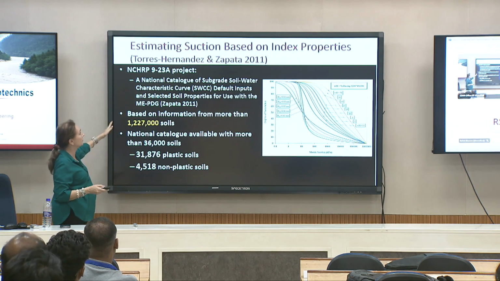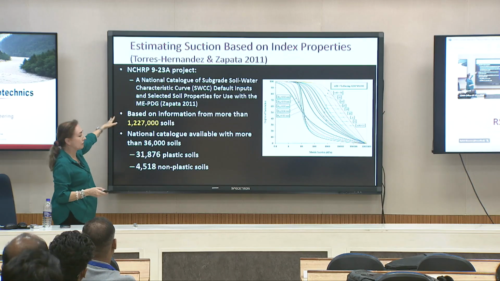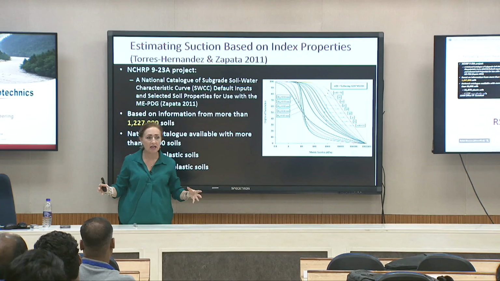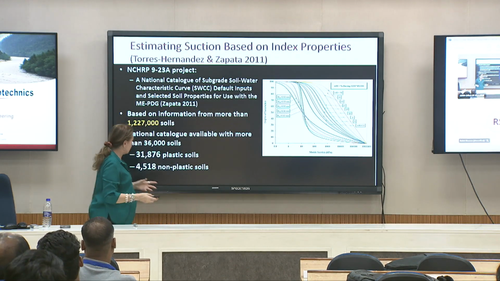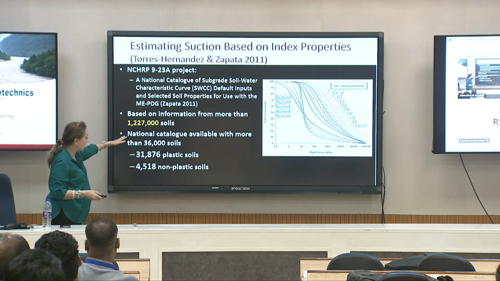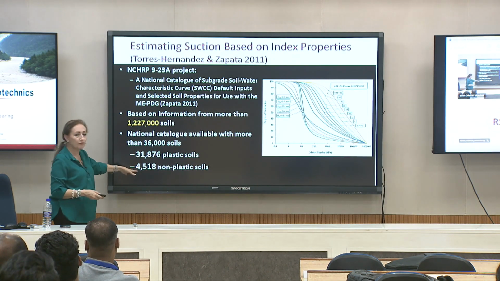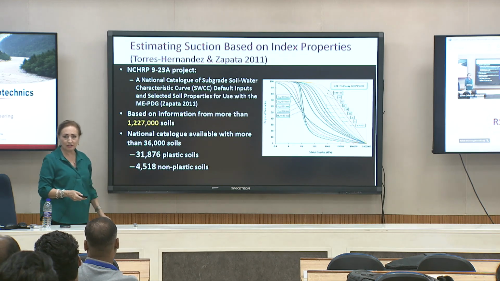So we went over there, we got the soils. That was a thesis from Torres Hernandez, a great student also of mine. And basically he put together families of the same kind of soils depending on the geology that we had in there. So with that, we made a catalog with about 32,000 plastic soils and about 4,500 non-plastic soils.